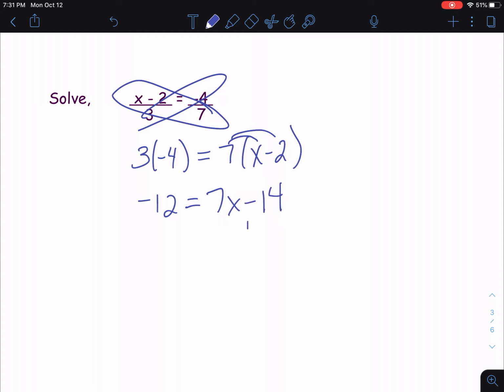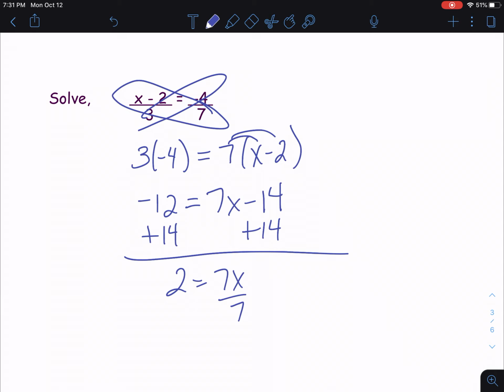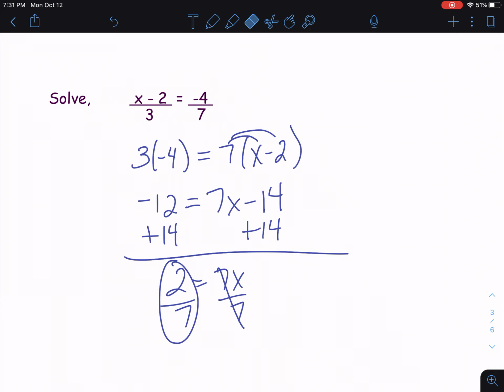Then I have two inverse operations to use to solve and get x by itself. This leaves me with a value of 2/7. And just like any equation, I would be able to take this value of 2/7 and plug it in for x and see if I get two ratios that are equivalent to each other in a true equation. So I still am able to check my answer.